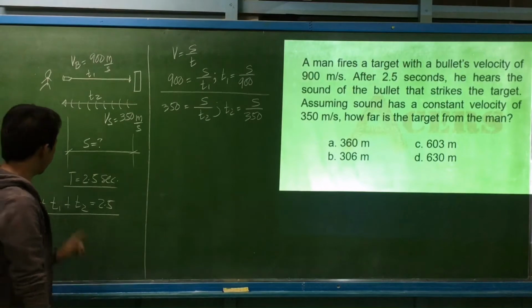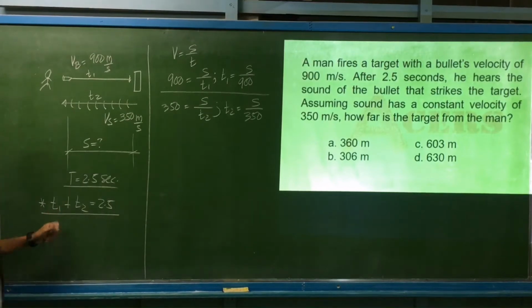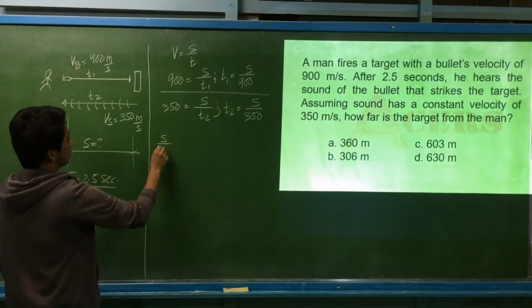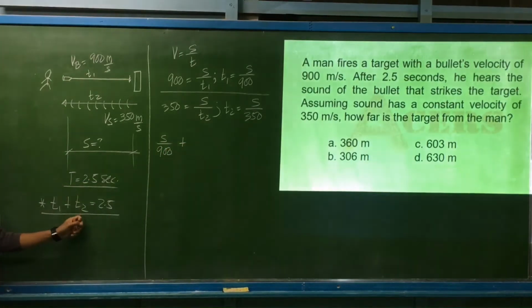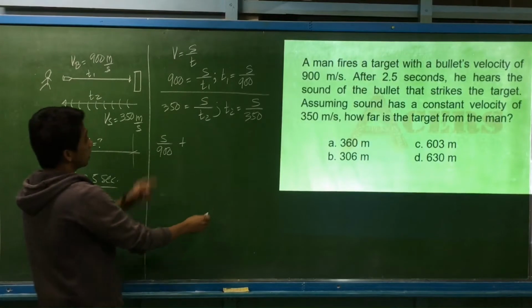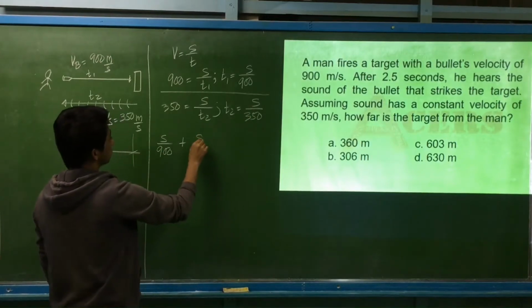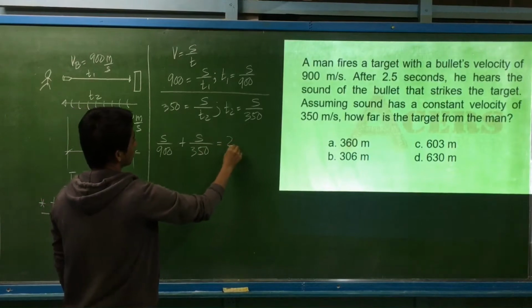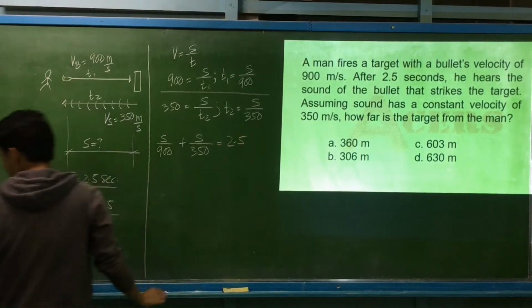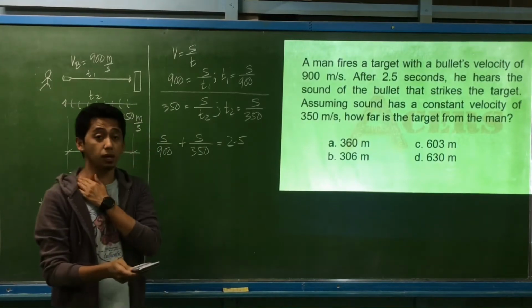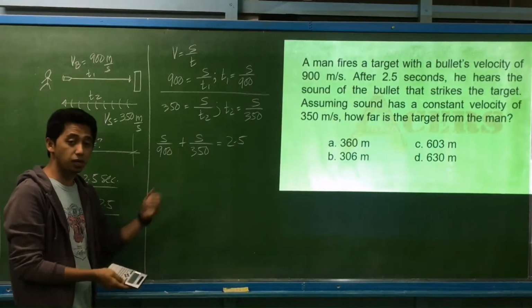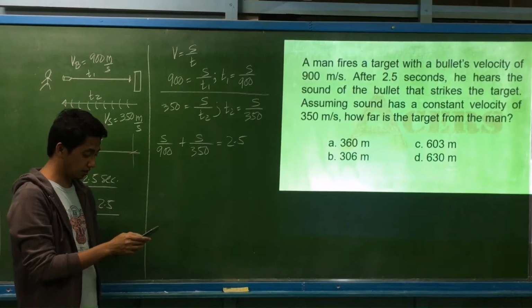Then we just substitute the equivalents of time number 1 and time number 2 into our initial equation. Time number 1 is the distance divided by 900 meters per second, plus time number 2, which is the distance divided by 350, equal to a total time of 2.5. Again, I'll be using the Casio fx-991 so that we can use shift solve.